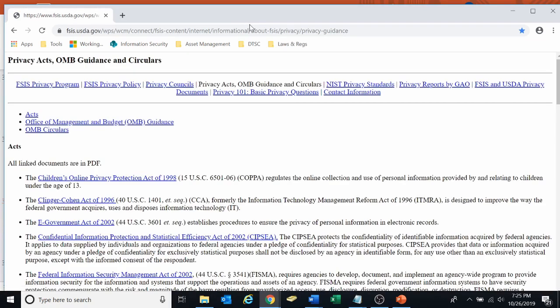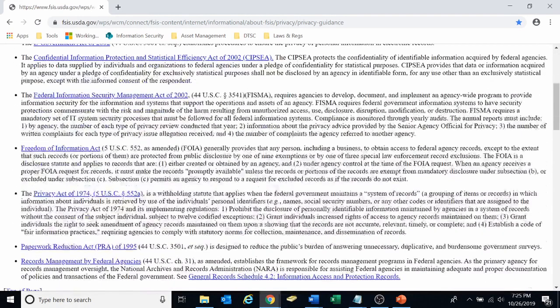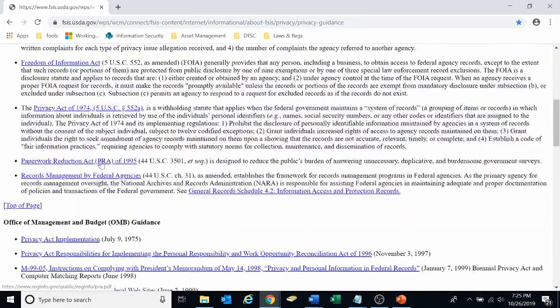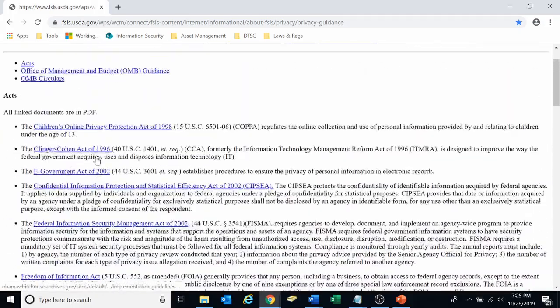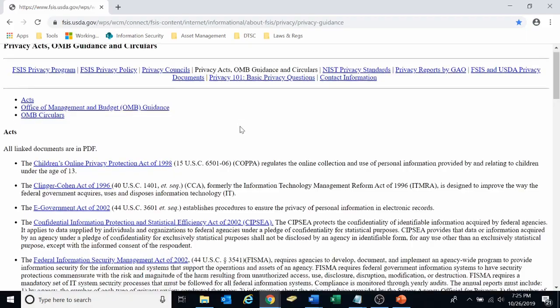Here is a bunch of privacy acts for California that we must abide by. Children's Online Privacy Protection, all the way to the Privacy Act of 1974. And these are a little on the older side.